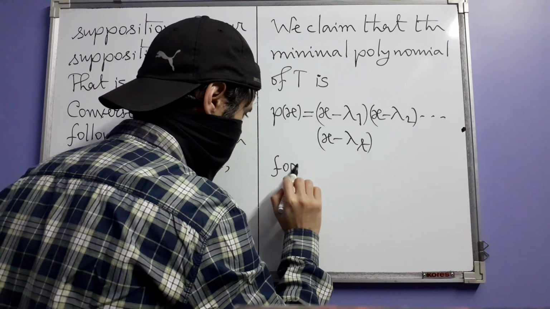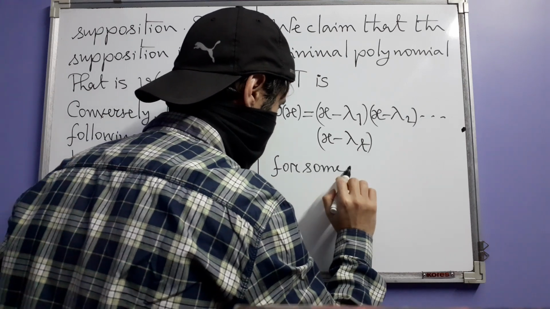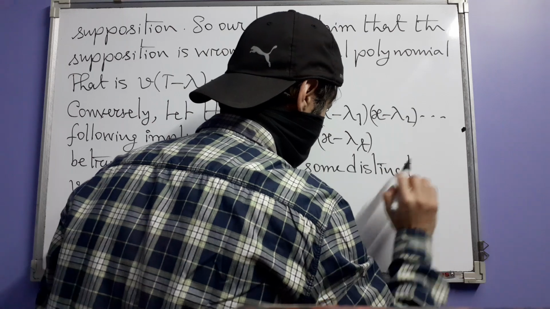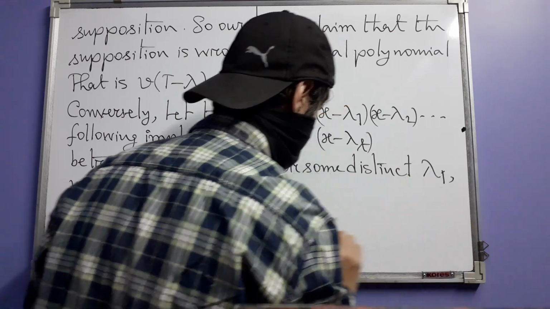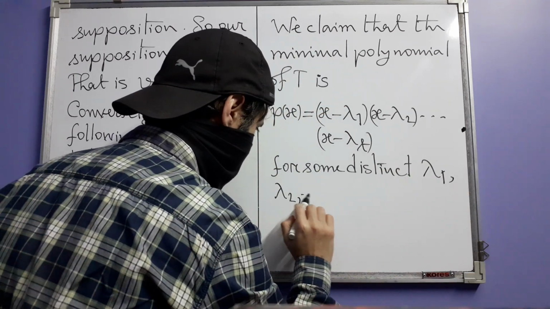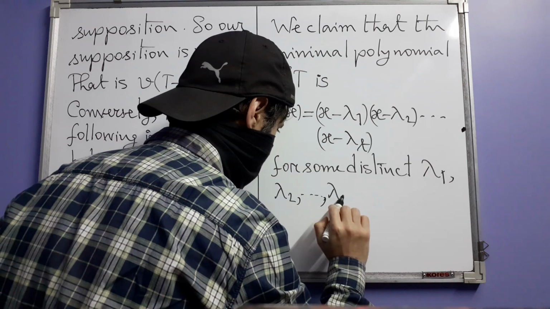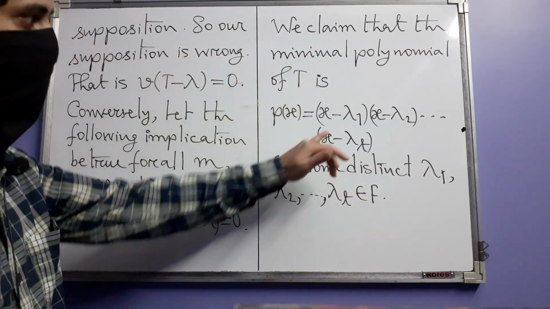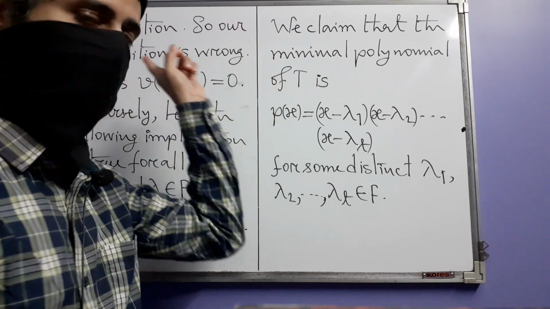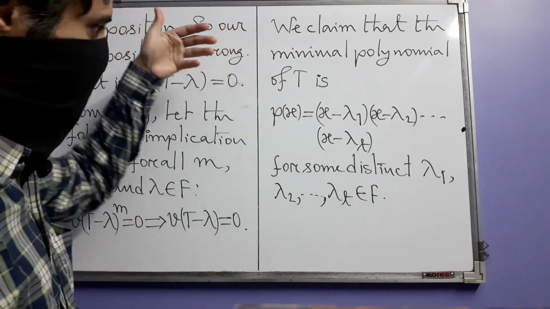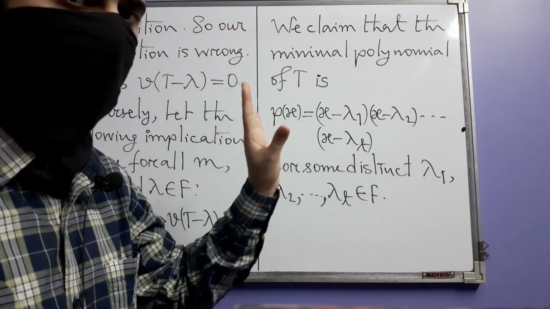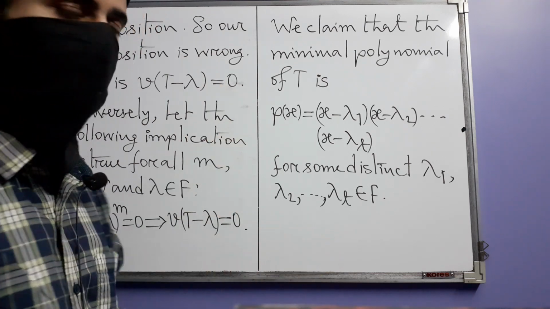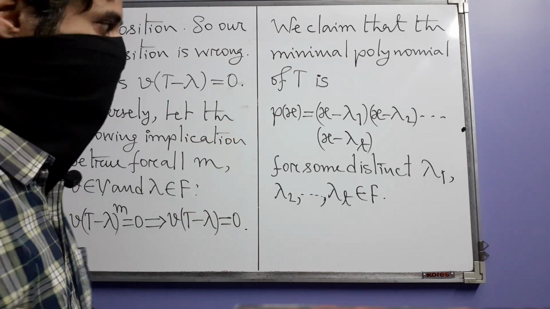For some distinct scalars, do not confuse these lambdas with the previous lambdas. Okay, that part of the proof is over. We do not have anything to do with that now. This is something else. Okay, this is the converse part.